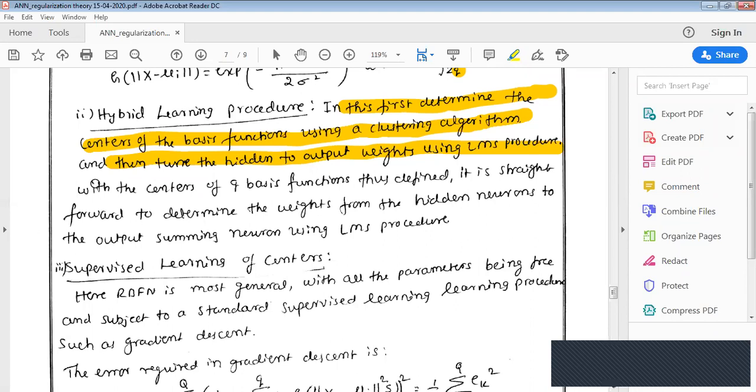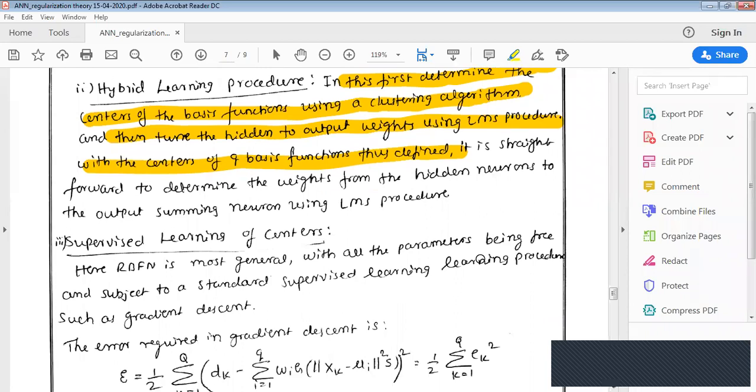With the centers of the Q basis functions, let us say there are 20 clusters, each one has a center, and those will act as a center for the clusters. You are defining Q basis functions, from which we are going to determine the weights of the hidden neurons and also the output weights, which you are going to tune using the LMS procedure.